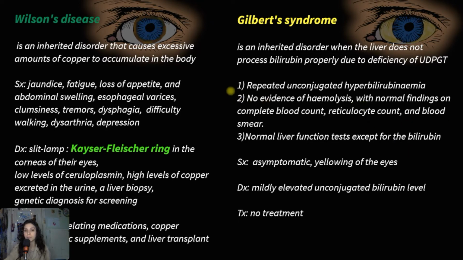So, repeated unconjugated hyperbilirubinemia, no evidence of hemolysis, with normal findings on complete blood count, reticulocyte count, and blood smear, and normal liver function tests except for the bilirubin. It's always asymptomatic.